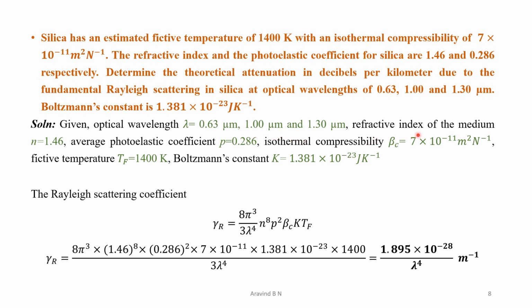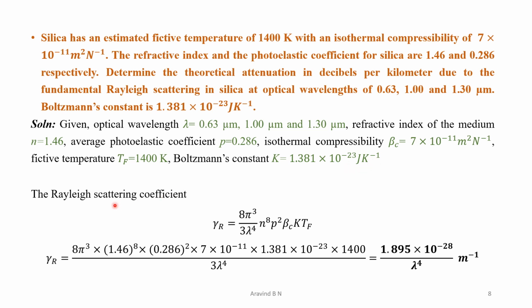Then refractive index of the medium n is equal to 1.46, average photoelastic coefficient P is equal to 0.286, isothermal compressibility beta C is equal to 7 into 10 to the power of minus 11 meter square per Newton, fictive temperature Tf is 1400 Kelvin, and Boltzmann constant K is 1.381 into 10 to the power of minus 23 joules per Kelvin.